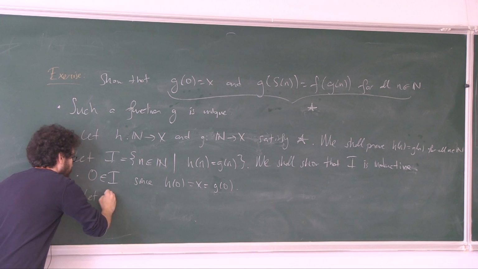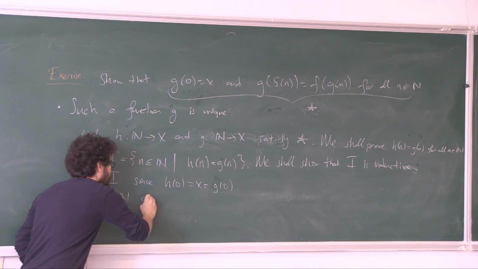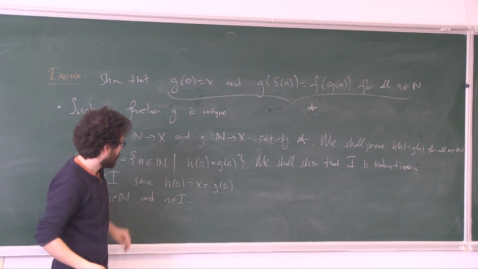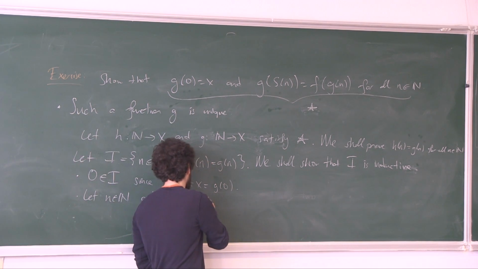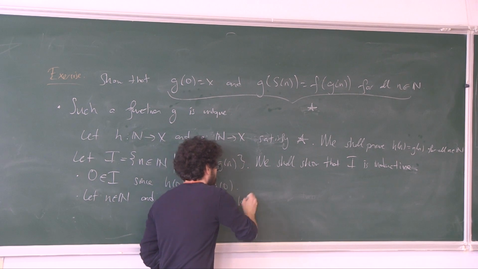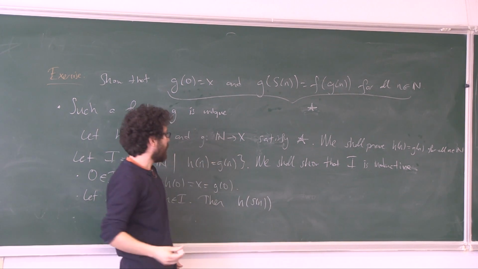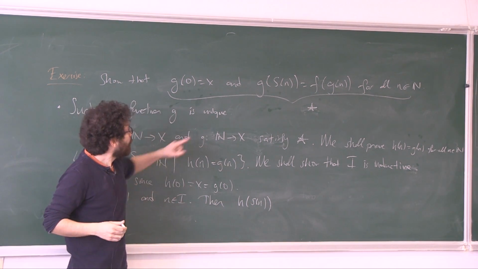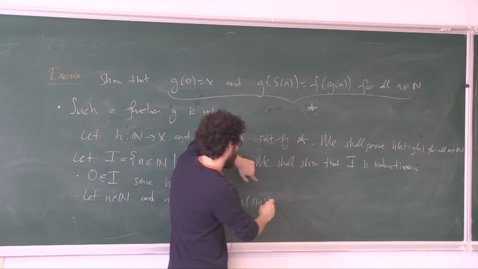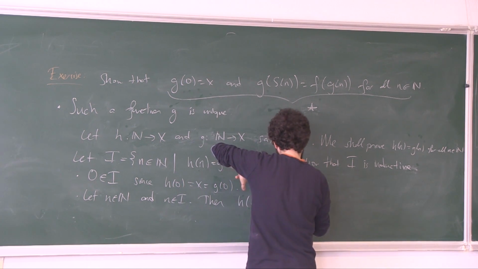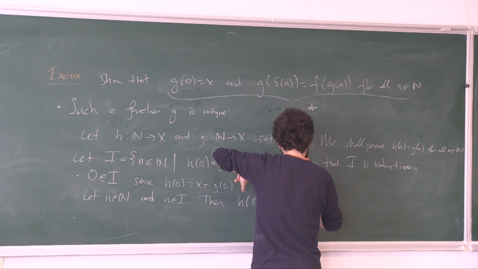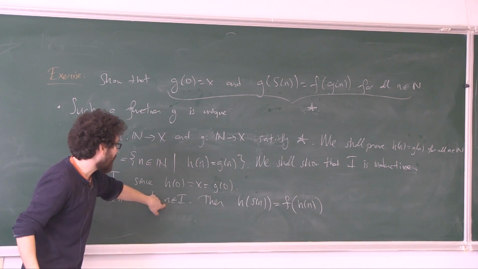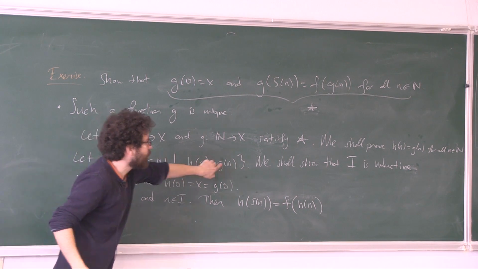Now, let n be a natural number, and let's assume that n satisfies this. Let me look at h of s of n, h of successor of n. By property star, h of successor of n equals f of h of n. Now, because n is in I, h of n equals g of n.